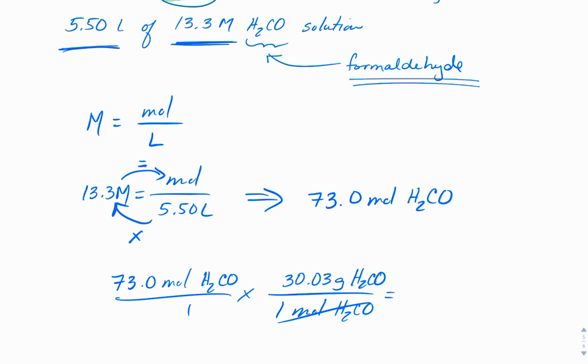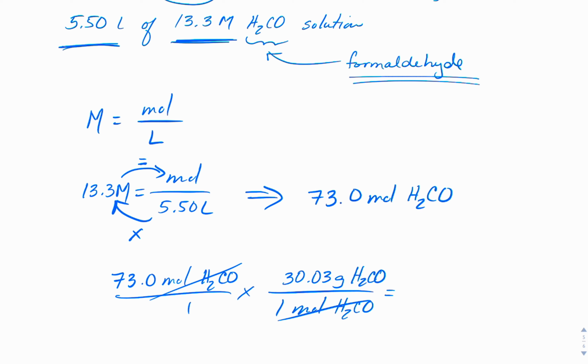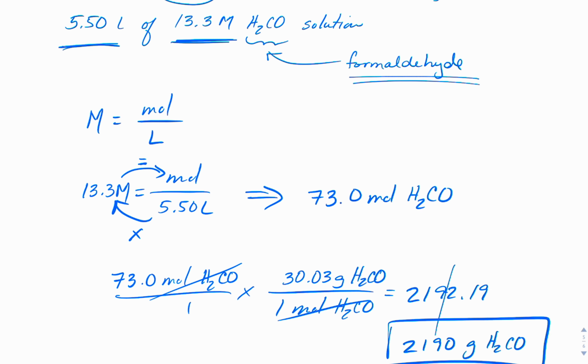And that would cancel moles and leave us in the unit of grams. When you do this, it actually gives you a number of 2,192.19 in your calculator, but you need to maintain significant figures of 3 sig figs. That means you can go as far as the tens place, and so we will round that to 2,190 grams of H2CO.